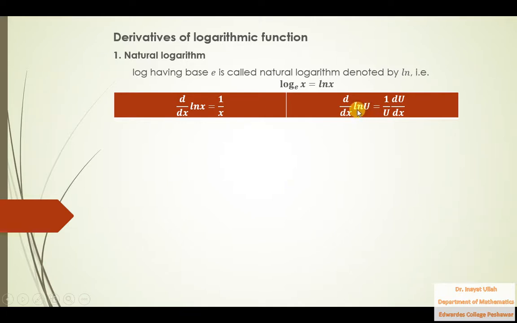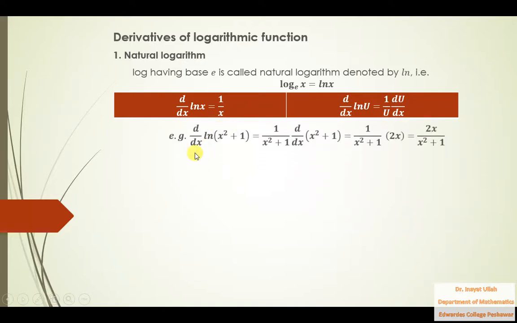So whenever there is log of u, that is the same 1 by u as 1 by x, into the further derivative of this u. So these two are the formulas for the derivatives of the natural log of a function.